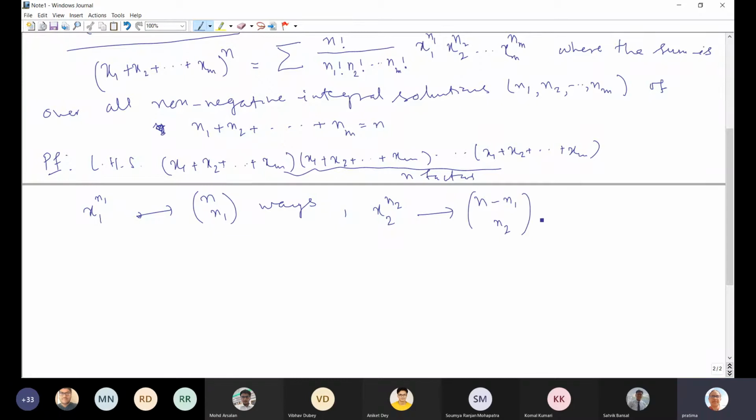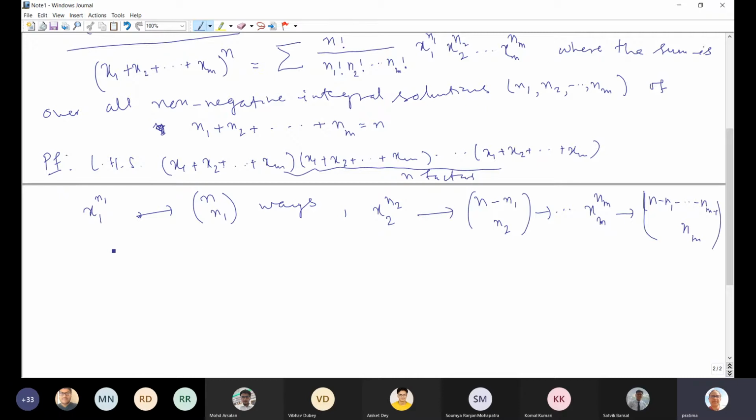This is how we go on selecting up to xm, with nm, which we select by n minus n1 minus and so on up to nm minus 1, choose nm.